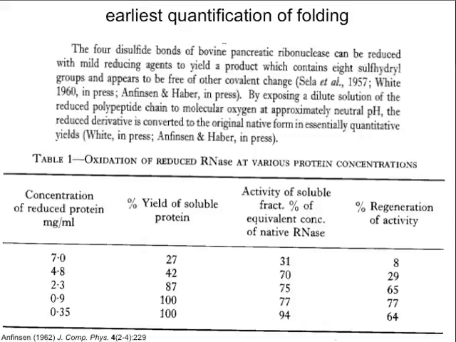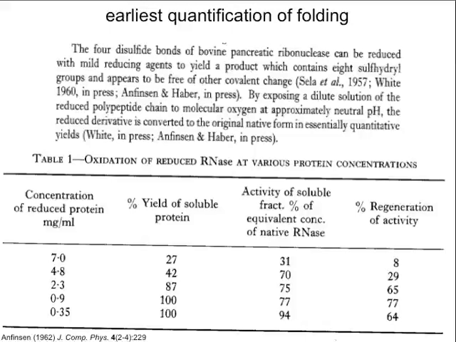The 4 disulfide bonds of bovine pancreatic ribonuclease can be reduced with mild reducing agents to yield a product which contains 8 sulfhydryl groups and appears to be free of other covalent change. By exposing a dilute solution of the reduced polypeptide chain to molecular oxygen at approximately neutral pH, the reduced derivative is converted to the original native form in essentially quantitative yields.